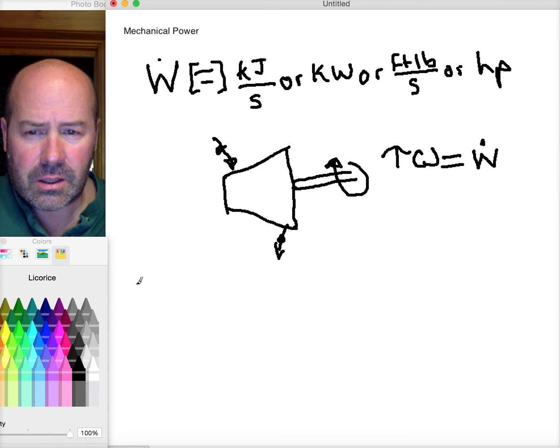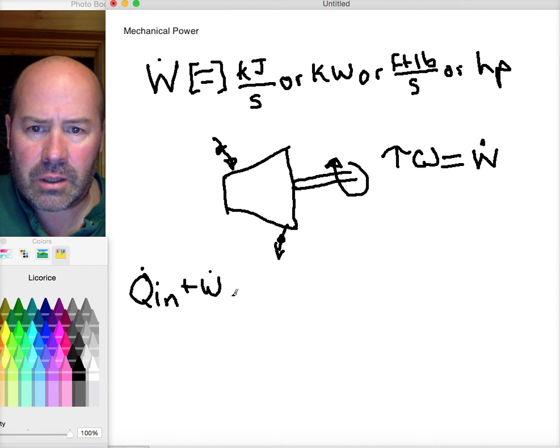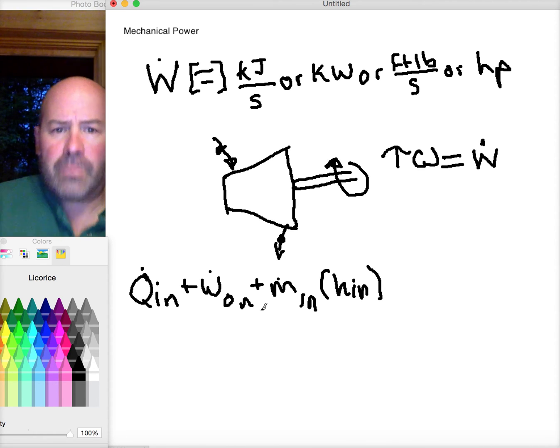let's see, I know the way I wrote it last time, but I am going to put all the ins on one side. So Q dot in plus W dot on plus M dot in times H in. Now remember, we're just using enthalpy.